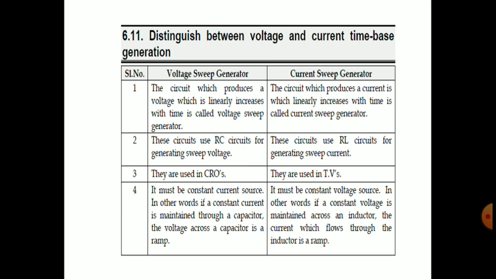For voltage sweep, we use RC circuits, that is resistor and capacitor circuits, and for current sweep, we use RL circuits, resistor and inductor circuits, for generating sweep current. Voltage sweep generators are used in CROs, and current sweep generators are used in TVs.